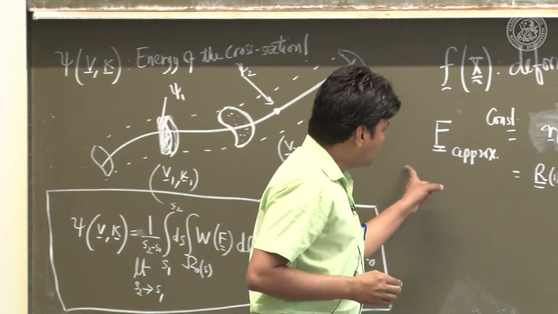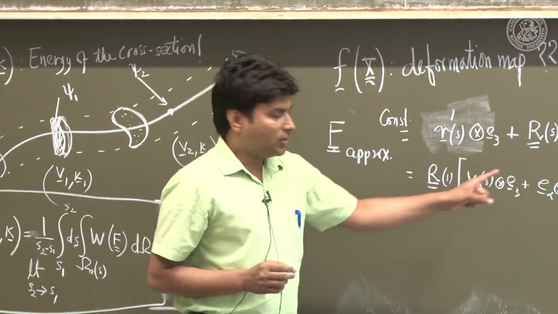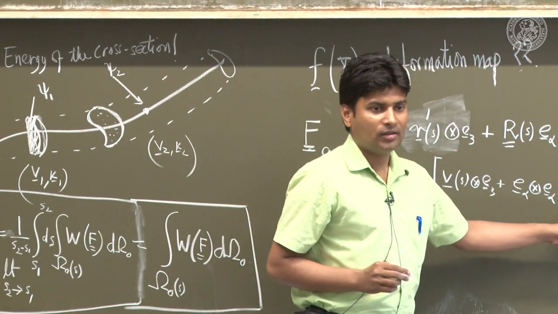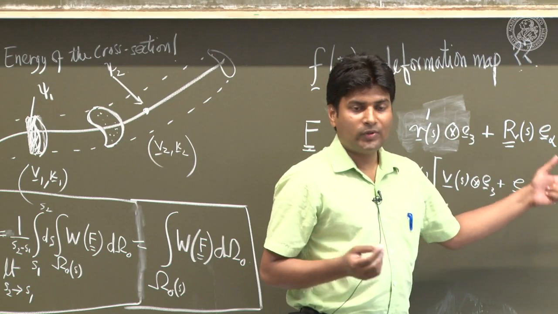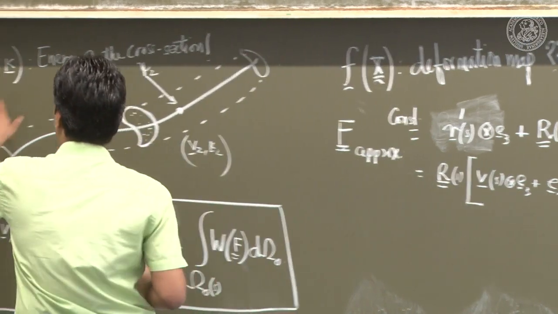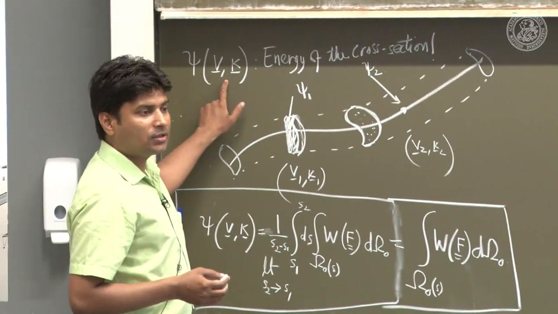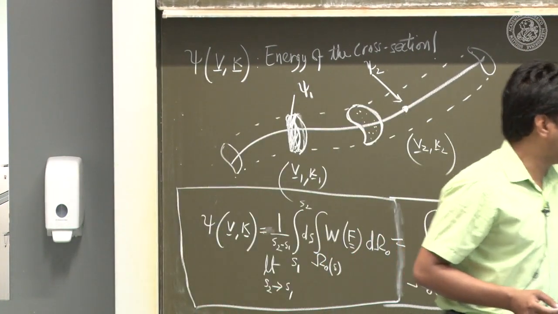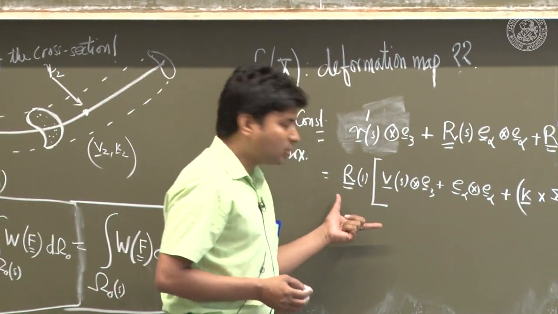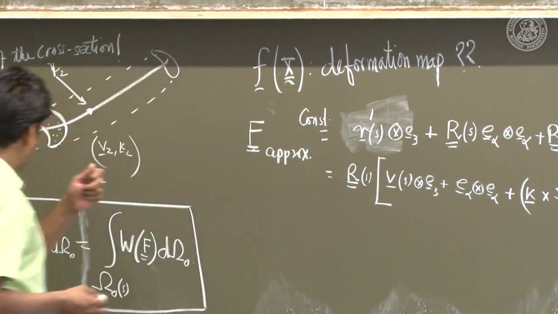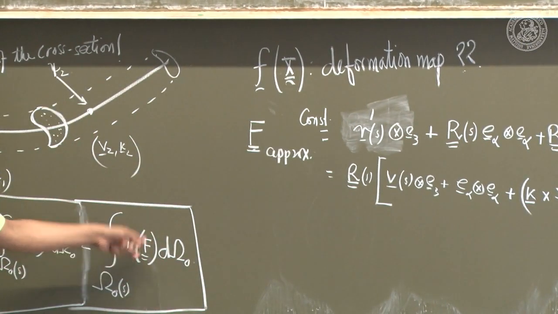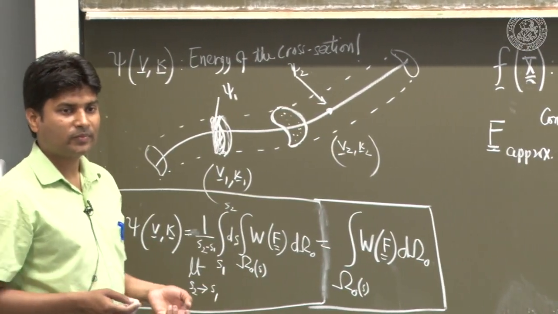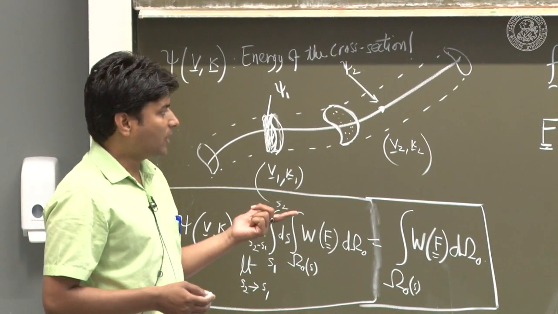See, this deformation gradient is only in terms of V and K, which is supplied to you from here. So, the question is, given V and K, what is psi? So, plug in that V and K here, get your deformation gradient, plug it here, integrate over the cross section and get your psi. Right.